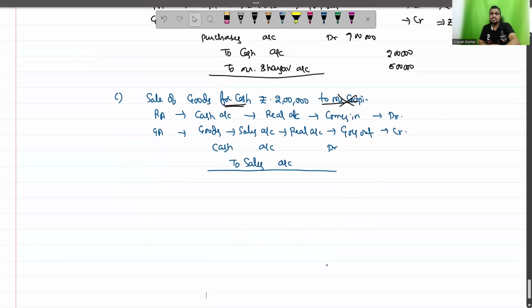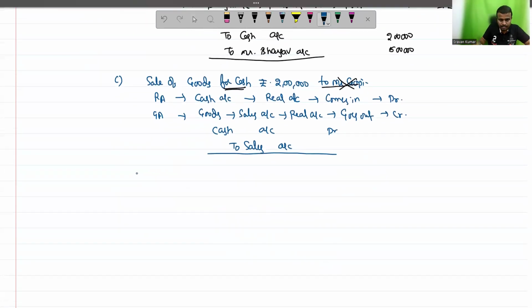Okay. Next, sale of goods to Mr. Gopi, rupees 3 lakh. What is the receiving aspect and what is the giving aspect?